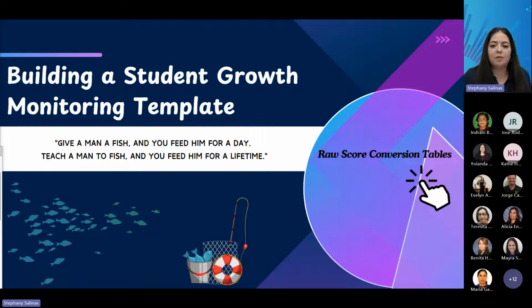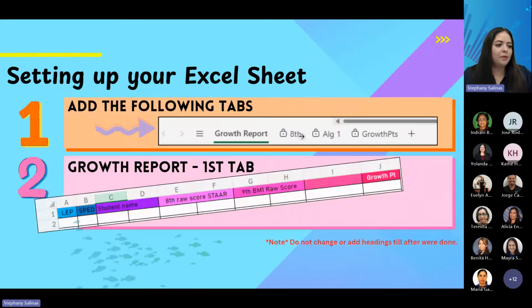Okay, so the first thing I'm going to do is drop this PowerPoint into the chat, so that way you can open it up on a second screen and follow along, because I'm going to exit this slideshow. So this is the presentation. I want you to open it up so that way you can see the steps, okay?